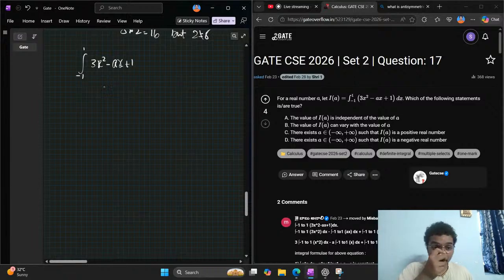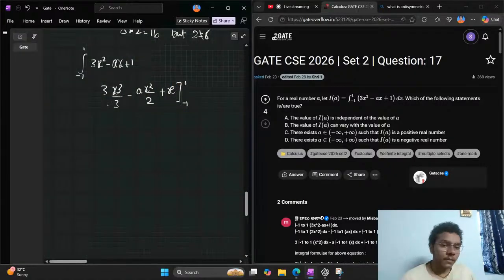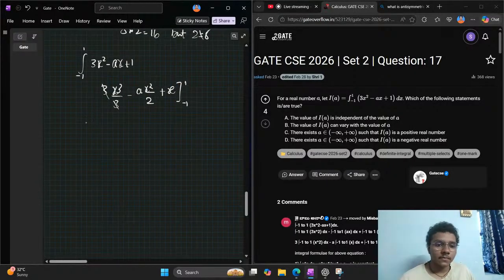So if you integrate it, 3x cubed by 3 minus ax square by 2 plus x, from the limits of minus 1 to 1, right?